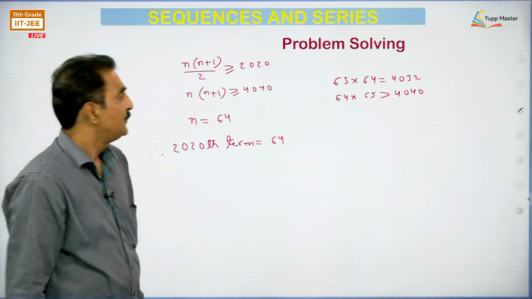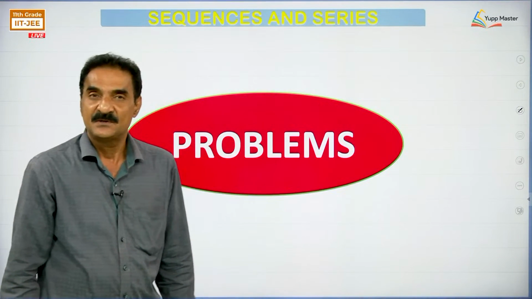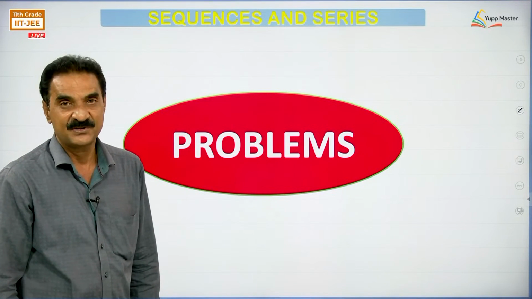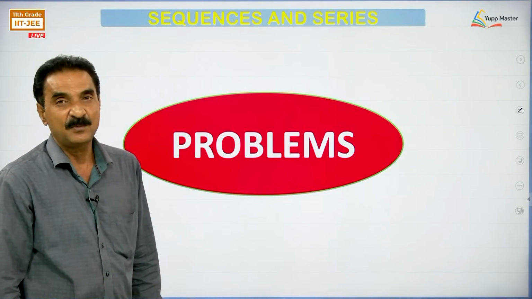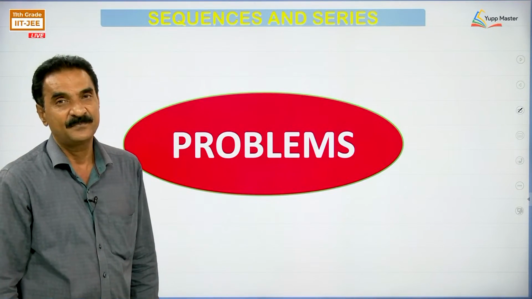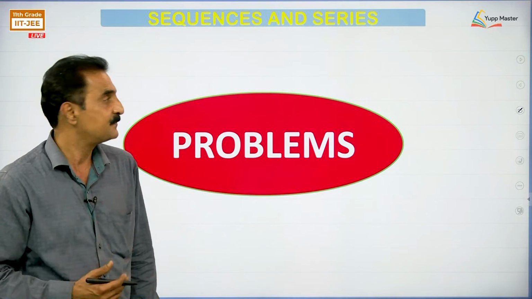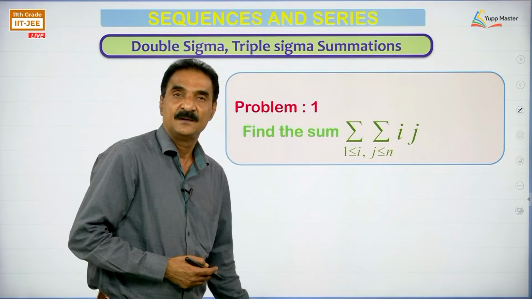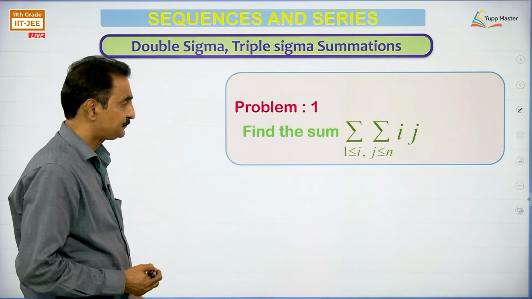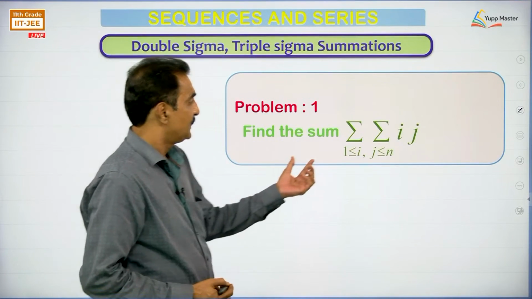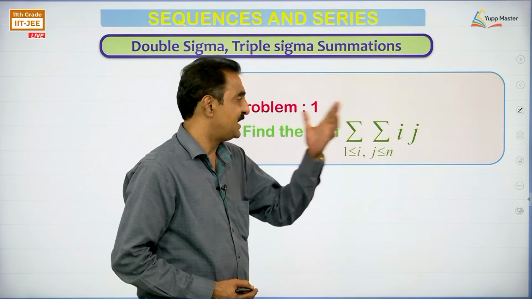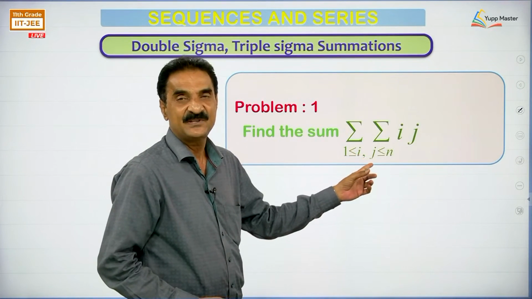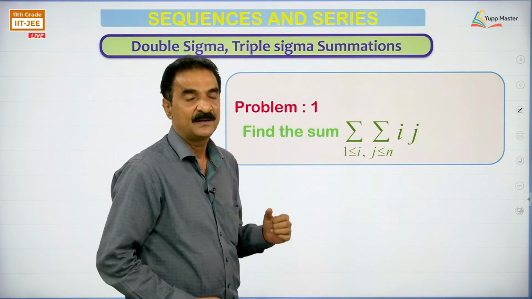Now, we are going to solve problems on double sigma, triple sigma summations. What is a double sigma? What is a triple sigma? I will explain through problems. First, consider the question: sigma sigma i j, where 1 is less than or equal to i, j less than or equal to n.